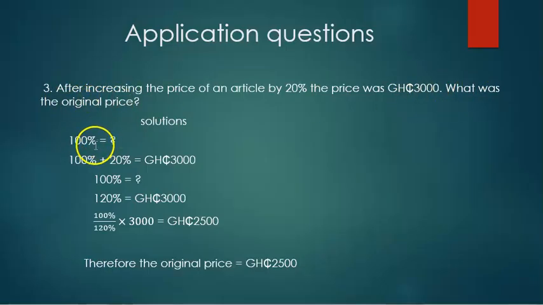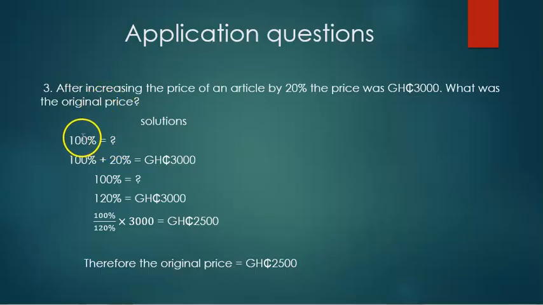So as we always do, our 100%, which is our original percentage, is equal to question mark, but we don't know the original price. We are only given 3,000 as the price after 20% was added. So after adding 20% to 100, we got 3,000 Ghana cedis. So that means 100%, which is our original percentage, is equal to question mark, which we don't know because we are finding the original price.